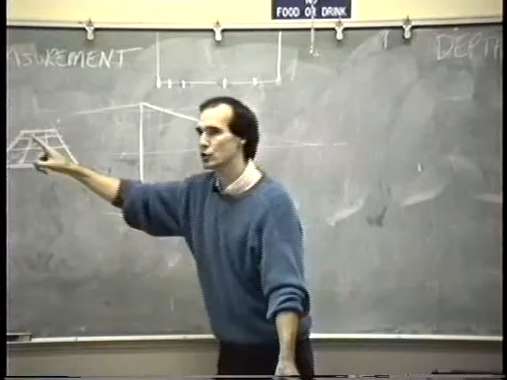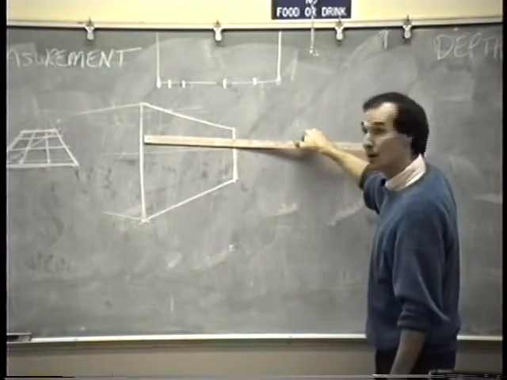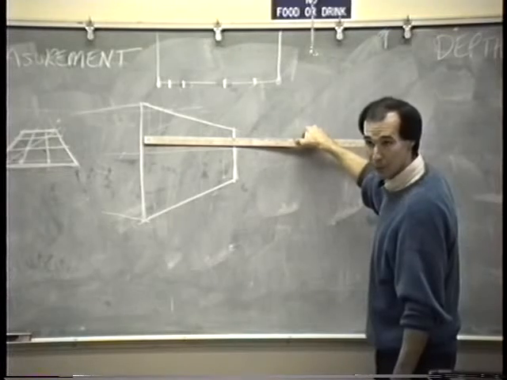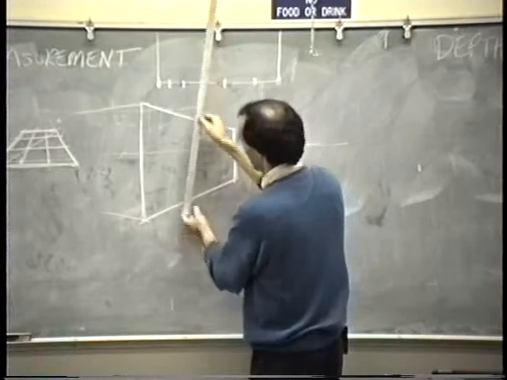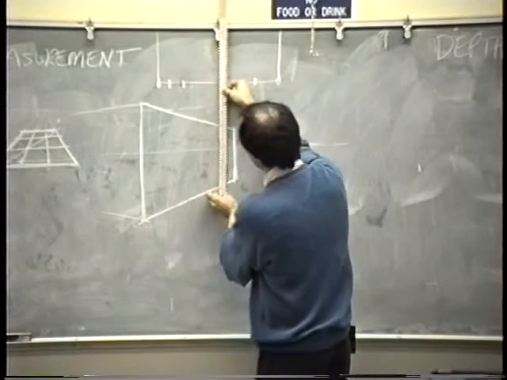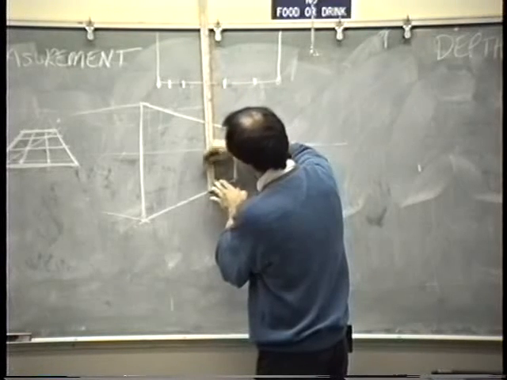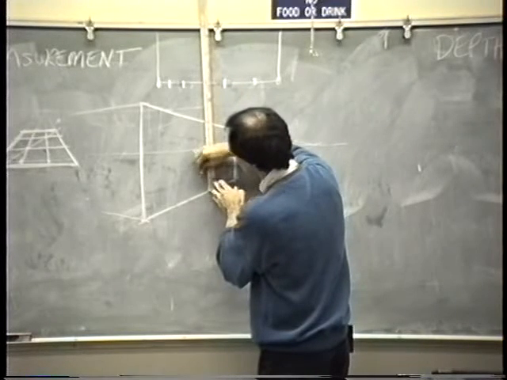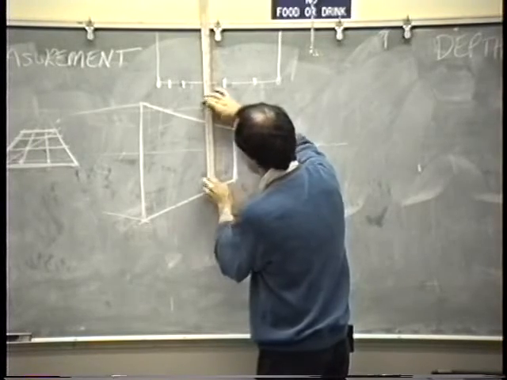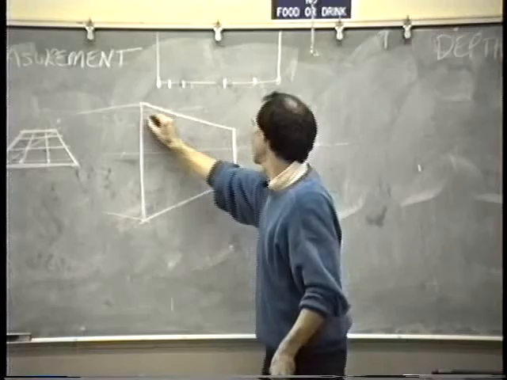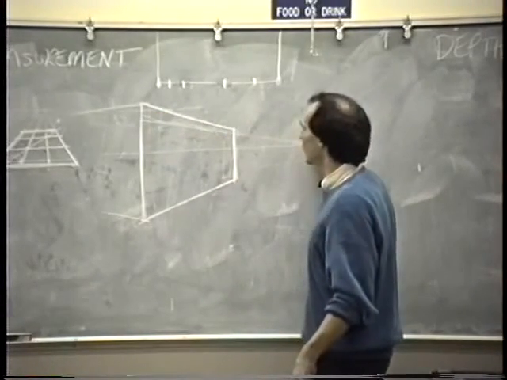Now, somehow I've got to get 10 feet back there, well, that's going to be tough because it's in perspective. But I can divide this into increments of 10 by running this ruler along until I find where it says 10. And then I could just make little tick marks every inch, make equal divisions if I want to. There, I've made 10 equal divisions on that, which will all go back to that vanishing point there.